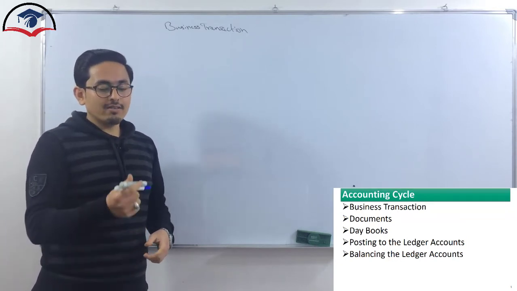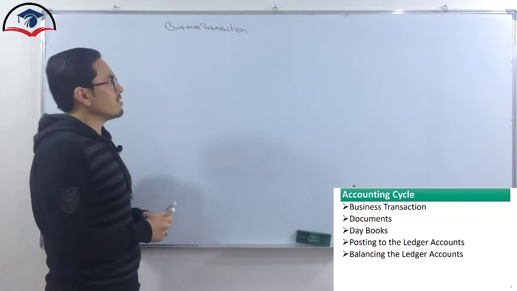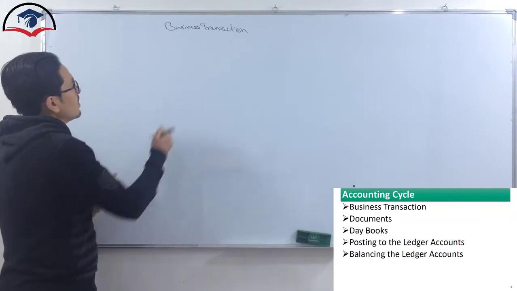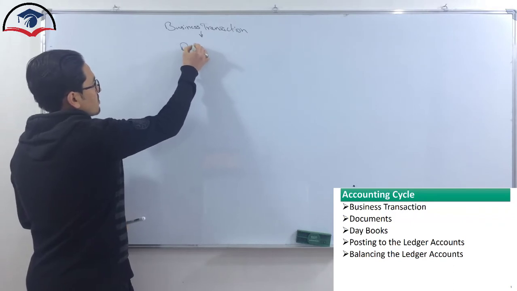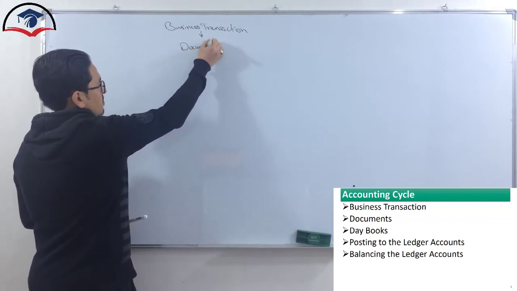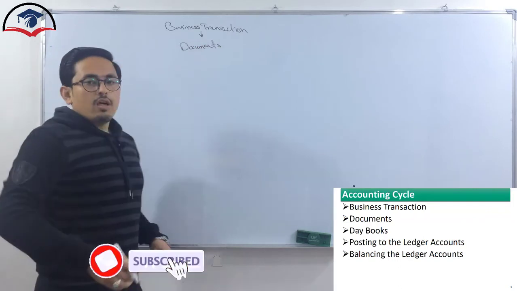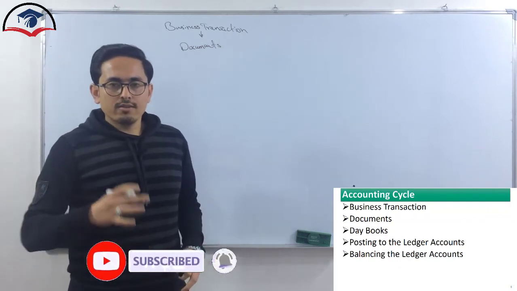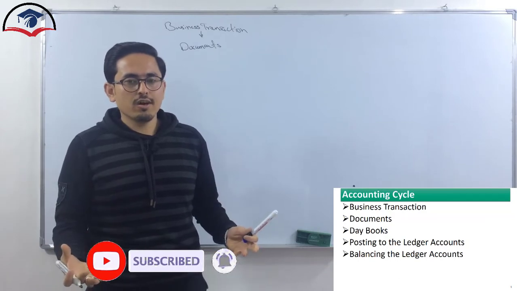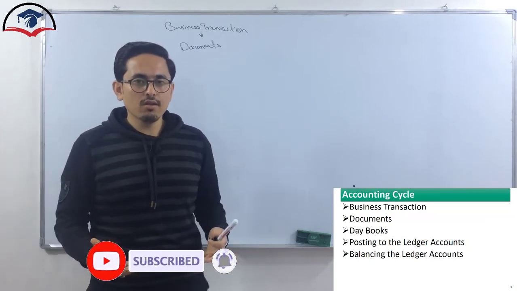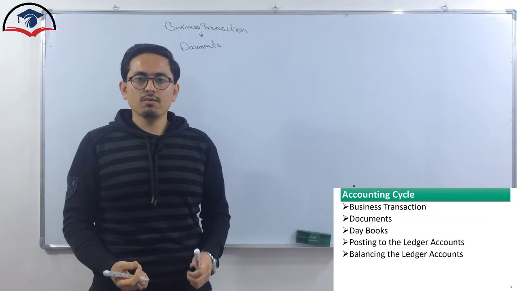Then we're gonna provide the supporting documents. What are the supporting documents required? Next step is the supporting documents. No accountant can come and say a transaction happened for this many dollars and there is no supporting document for that.